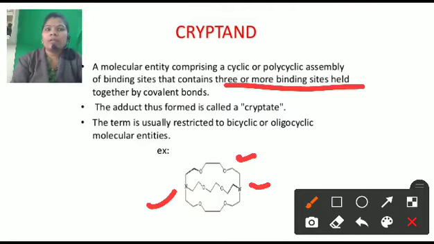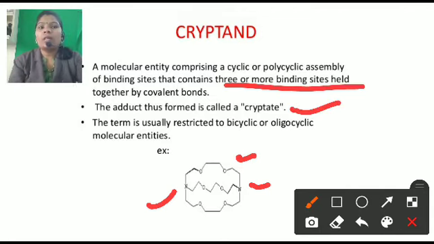What is the definition of this? A molecular entity comprising a cyclic or polycyclic assembly of binding sites that contains three or more binding sites held together by covalent bonds. The adduct formed is called a cryptate.